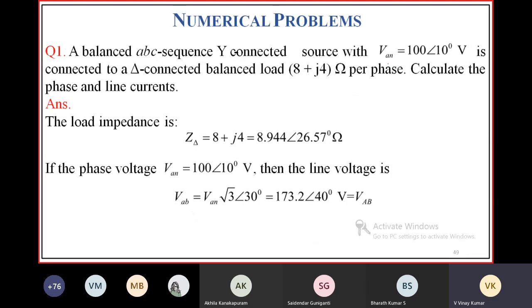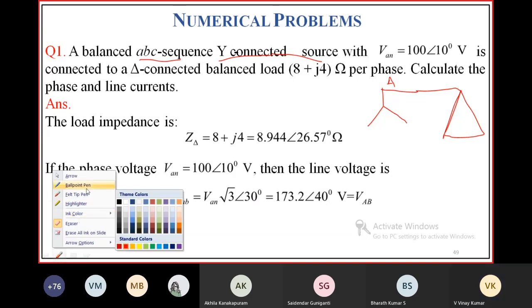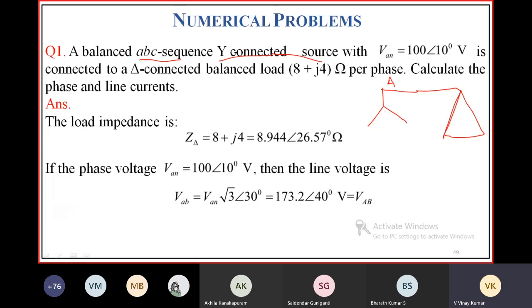Now, phase sequence ABC, star connected source, delta connected load. We have to include voltage also.